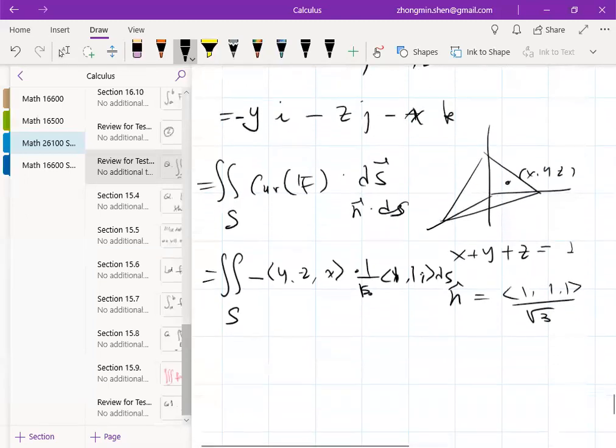We can compute this dot product first, and you end up with just (y plus z plus x) divided by square root of 3, dS.